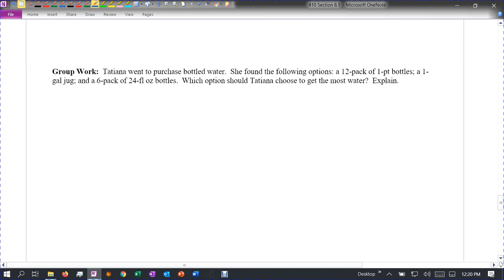So let's take a look at this first one. We have a 12 pack of 1 pint bottles. So that means she has 12 1 pint bottles, which means she would have 12 pints. That's the first option. Versus the second option, which would be 1 gallon.